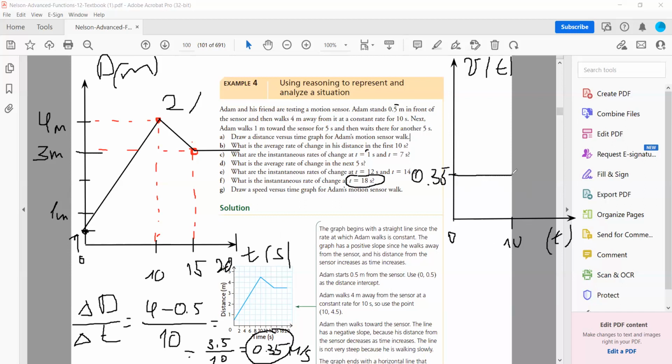But in this problem, he starts to walk instantly at the new speed for another 5 seconds. And then he remains still for another 5 seconds. So finally, his speed for the rest of 5 seconds would be 0. Let me use red color. So first interval, 0.35 average speed. Second interval, 0.2 average speed. And then finally, 0 meters per second speed for another 5 seconds.